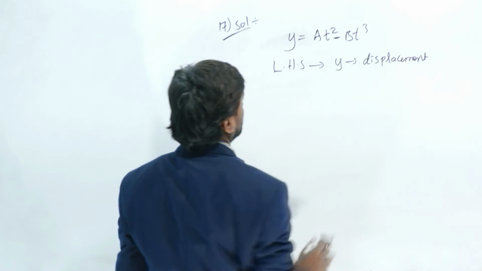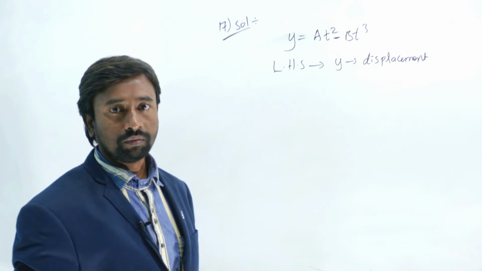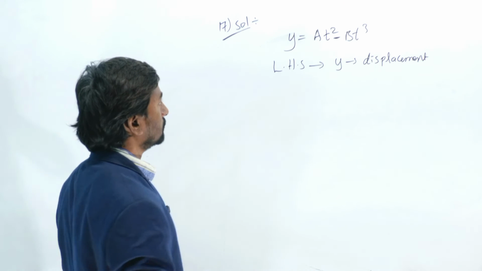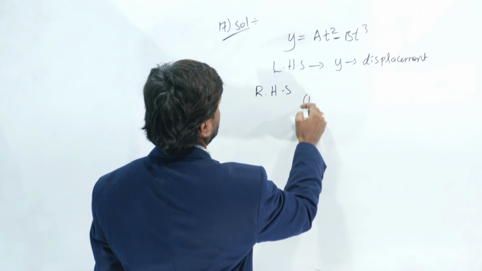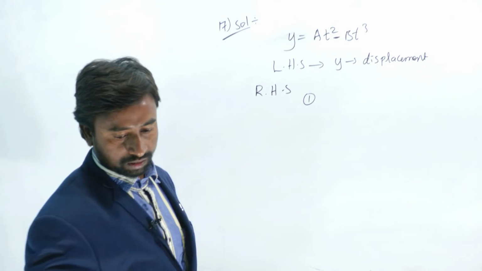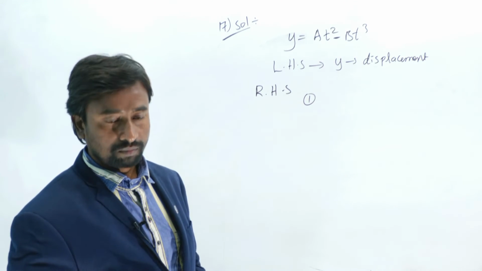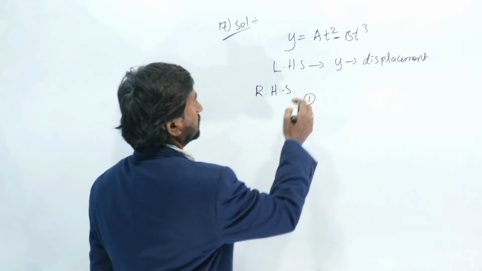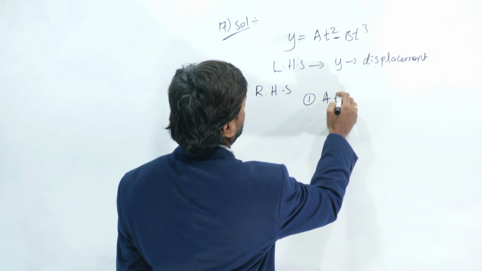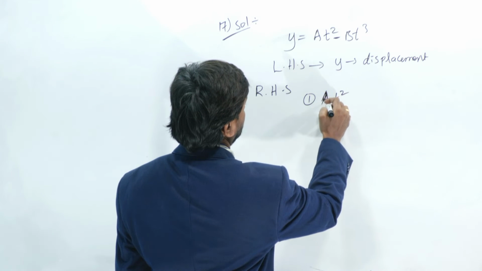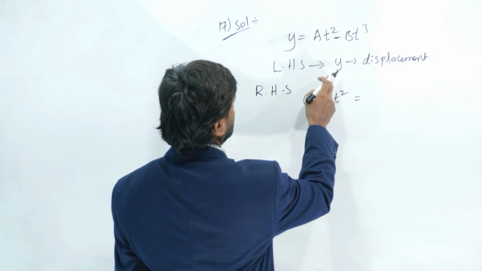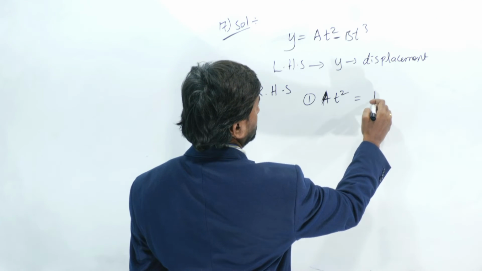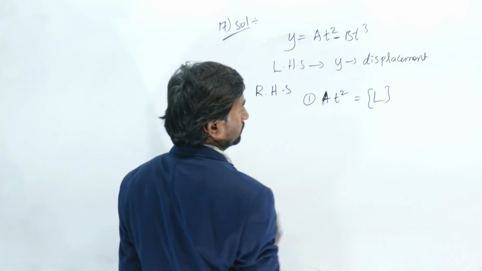So in the RHS also, each and every term should have the dimensions of displacement. Now on the RHS, in the first term, a into t square, it should have the dimensions of displacement. The dimension of displacement is length only.